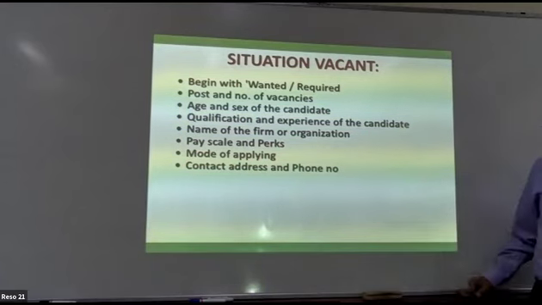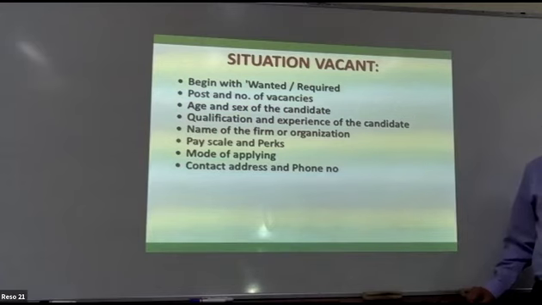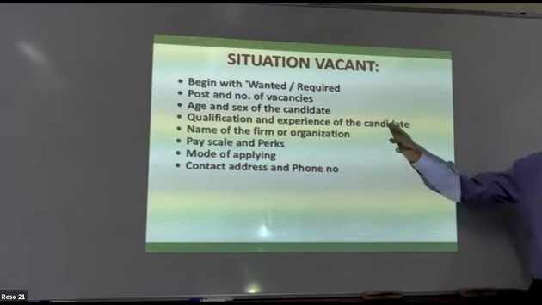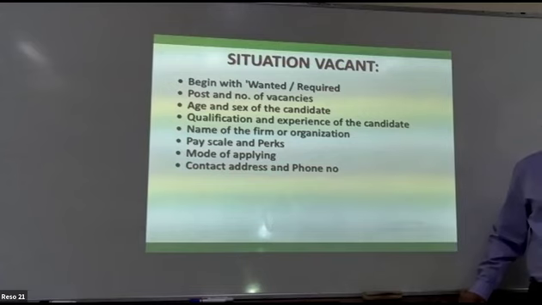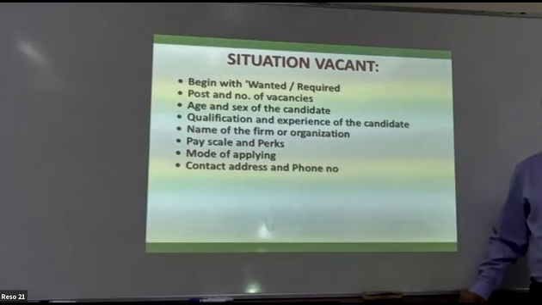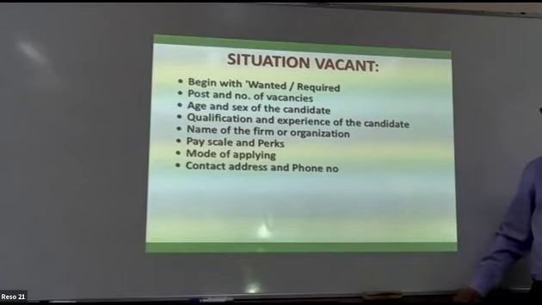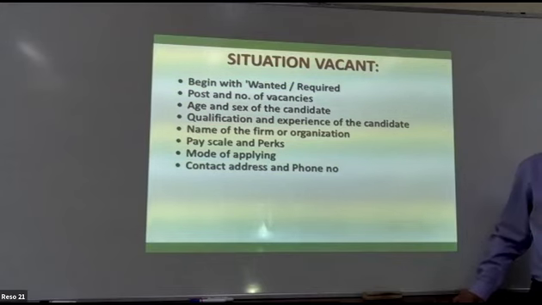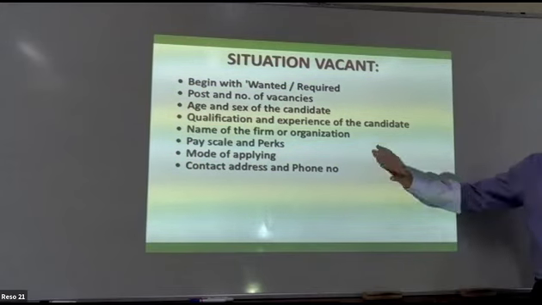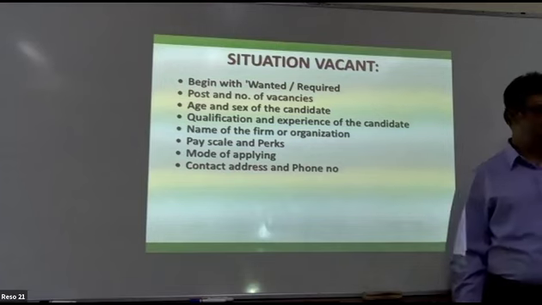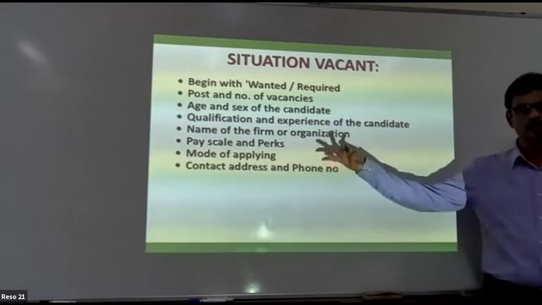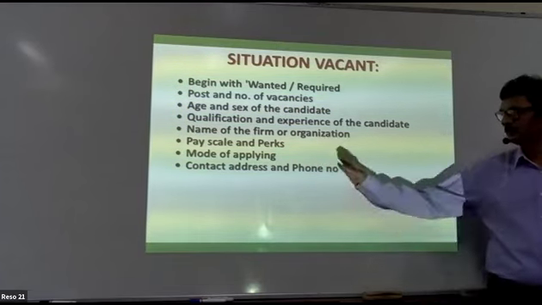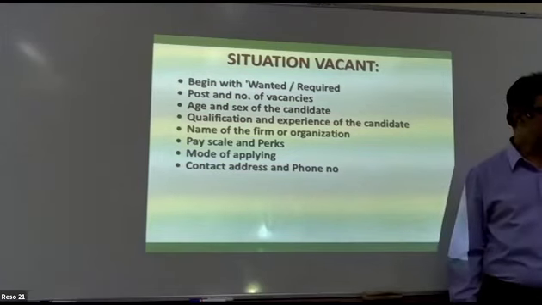The post and number of vacancies. The age and gender of the candidate. Qualification and experience of the candidate जो आपको चाहिए. Name of the firm, the one who has the vacancy. Pay scale and perks, that is the remuneration. Nothing to do with Perk chocolate. Mode of applying, कैसे apply करना है.